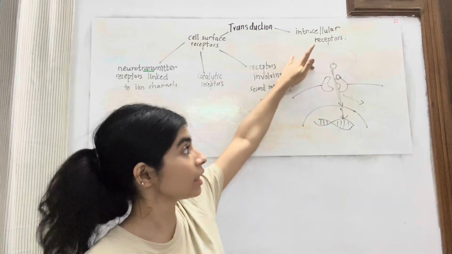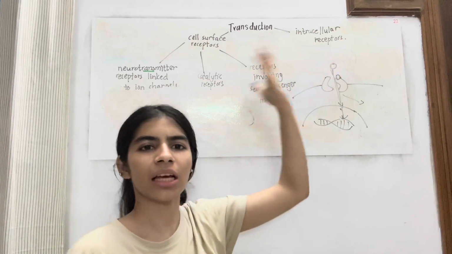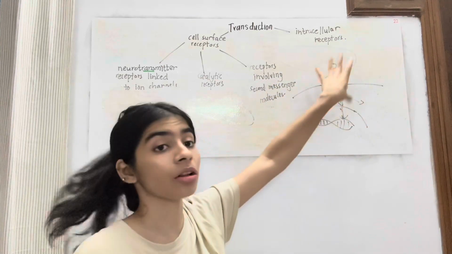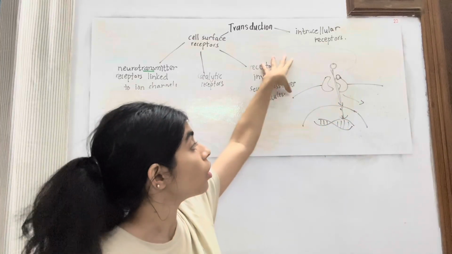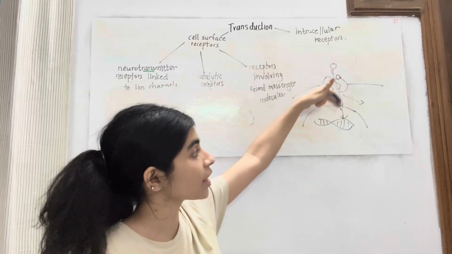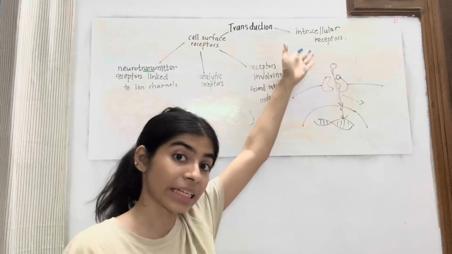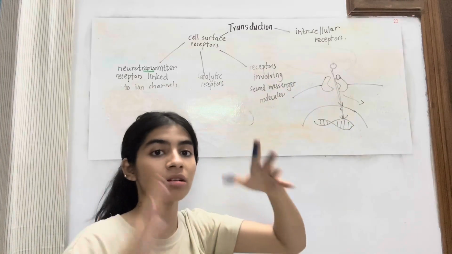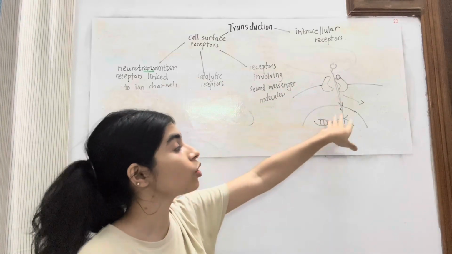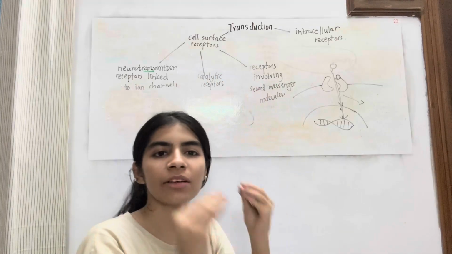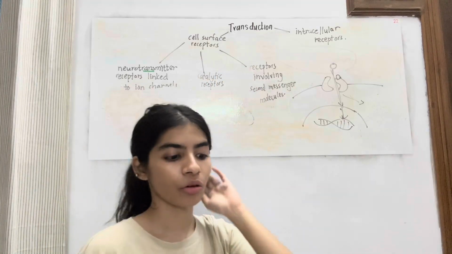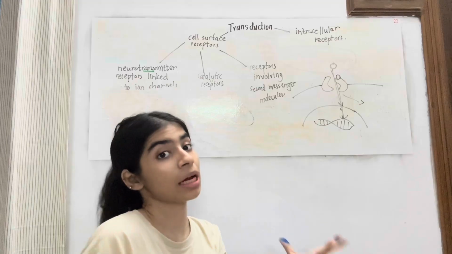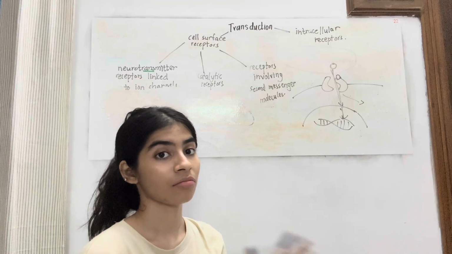They enter the cell, but there are a lot of chain reactions that occur, after which maybe it itself or something else causes something to bind with one specific region of DNA. So one trait is heavily expressed. Get it?